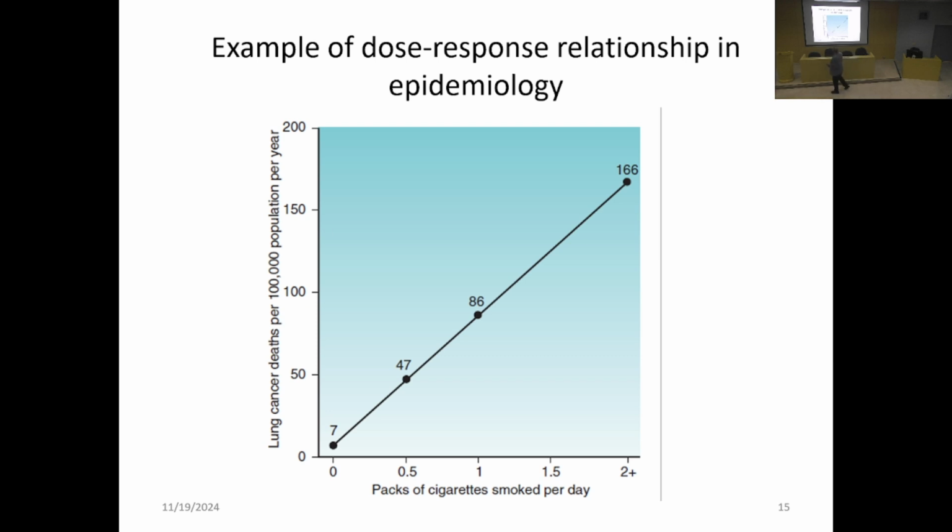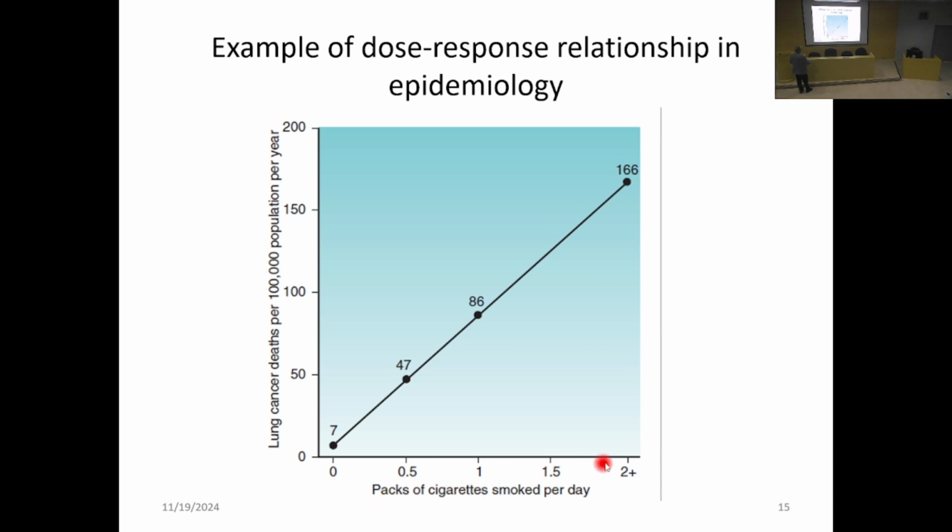So, packs of cigarettes smoked per day. If it is 0, the incidence is very low. This is the incidence among non-smokers. You see how it increases linearly when the person smokes half a pack, 1 pack, 1.5 packs, and 2 and plus. So you see the difference.